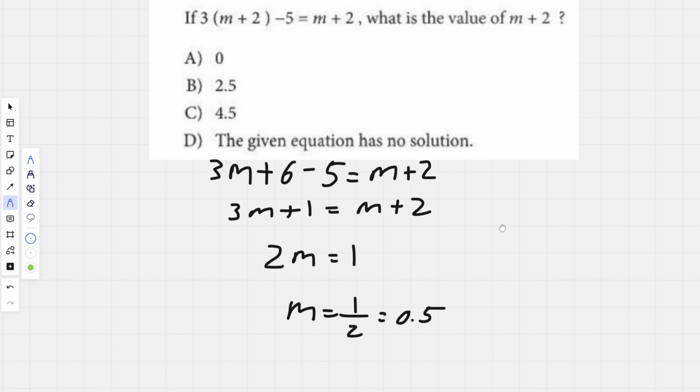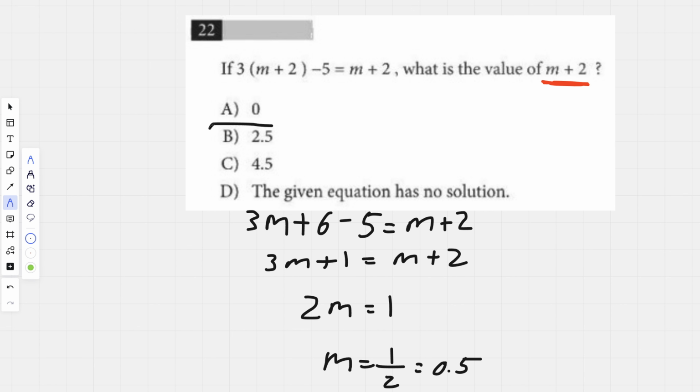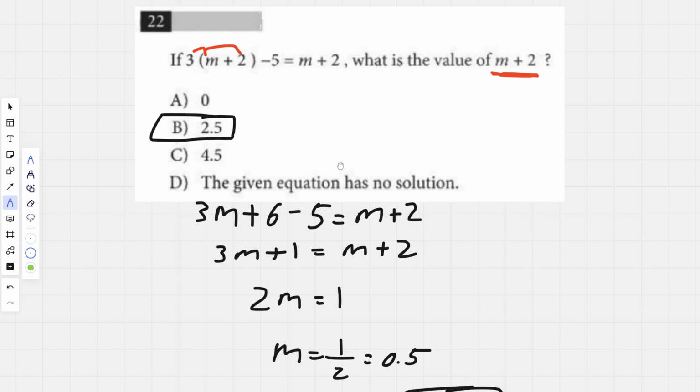And they want n plus 2. Be careful, right? They want n plus 2. So it's just 0.5 plus 2, which is 2.5. And that's my answer. So this one is pretty easy, but just remember you distribute everything properly and you'll be good to go.